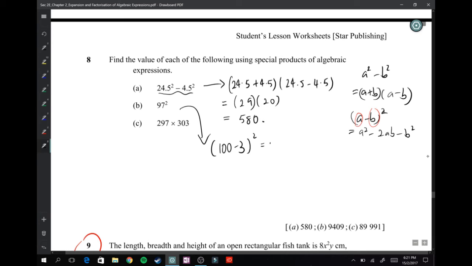So we have 100 square minus 2 times 100 times 3, and plus 9, which is 3 square. So you get 10,000 minus 2 times 100 times 3, that will give us 600, and plus 3 squared, so that will be 9.